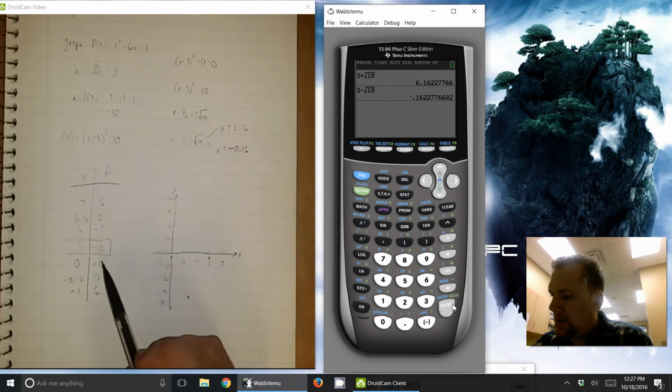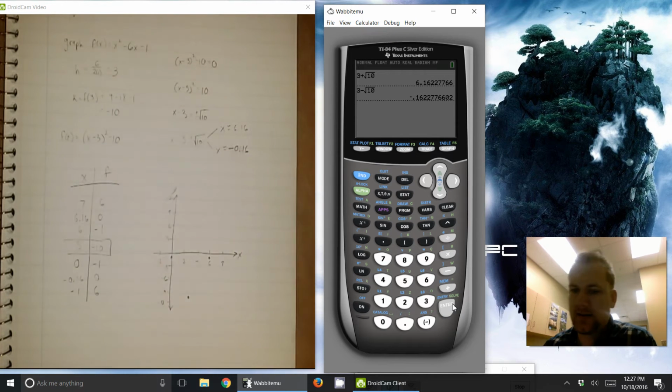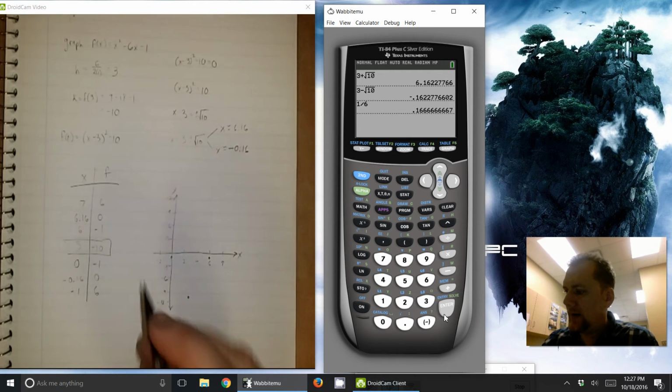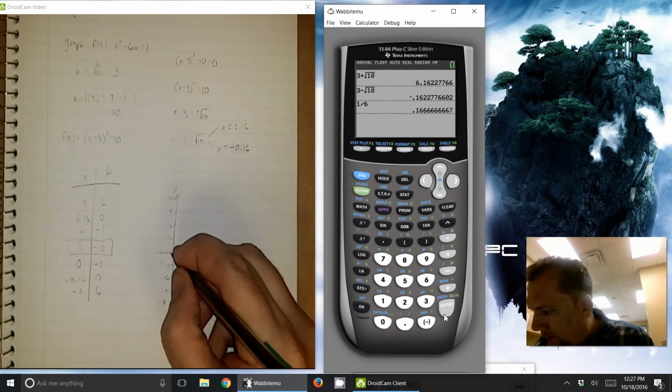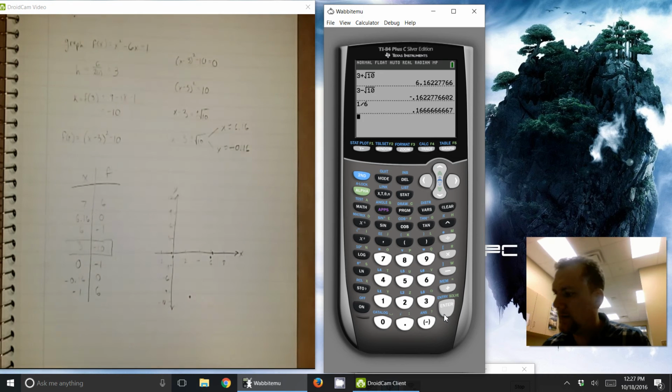And then this number here, negative 0.16. 0.16 is, I think, about 1/6. Yeah, so if that's negative 1, it's like half of a third. So, I mean, you're barely off of there. No, it's kind of unfortunate, but that's what happened there.